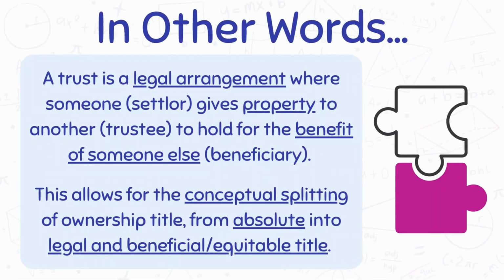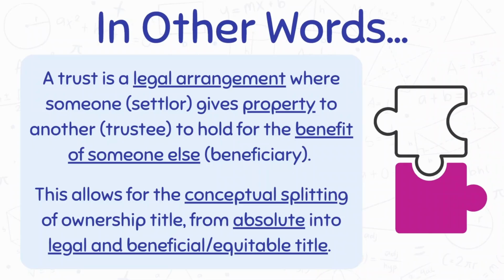So we've talked definitions of so many words. Now let's put all of these concepts together and define trust in a very simple way. So a trust is a legal arrangement where someone gives property to another to hold for the benefit of someone else. So what this really is, it's the conceptual splitting of ownership title.